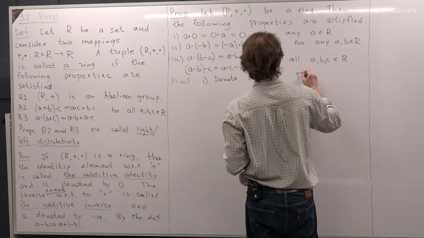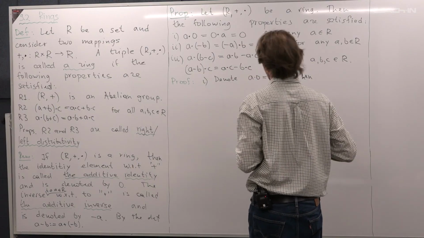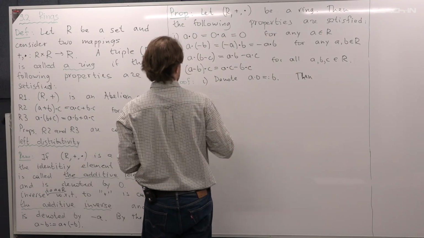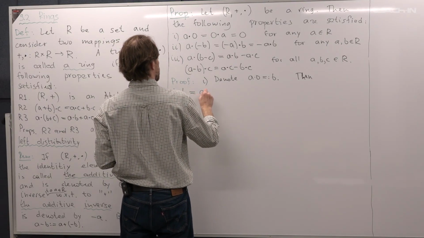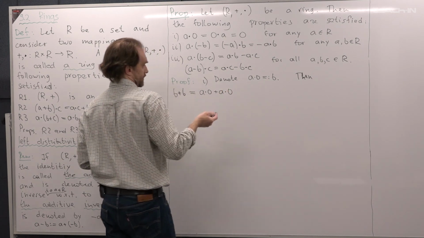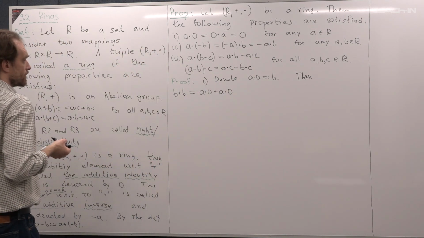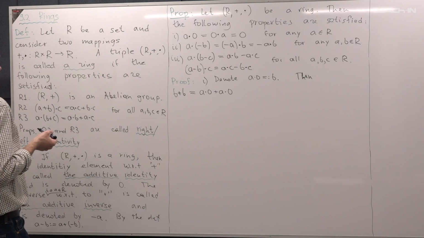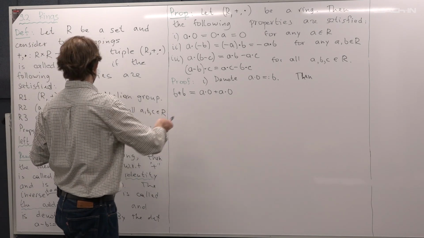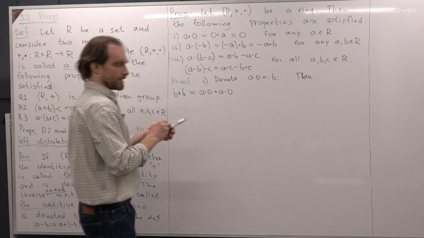Then what is b plus b? So b plus b is a multiplied by 0 plus a multiplied by 0. This just follows from what we denoted here. And then we can use one of the distributivity properties. Here we have 0 at the right, so we use the second property.